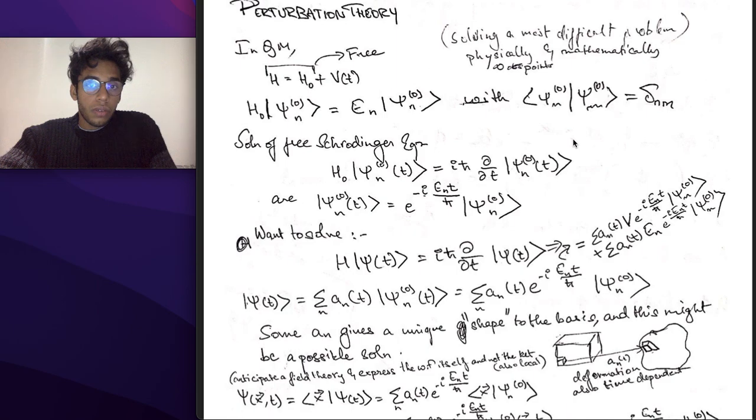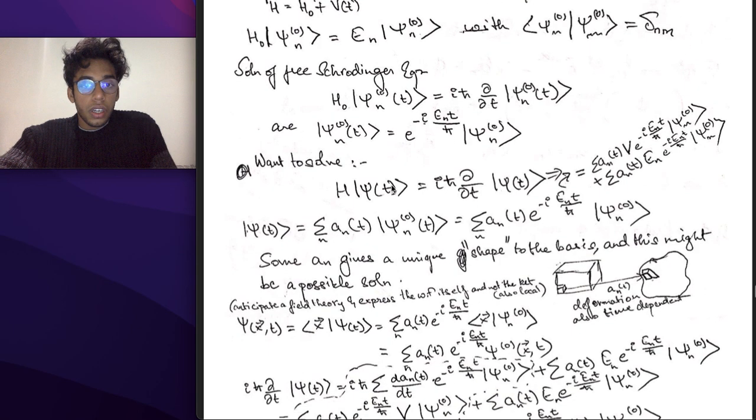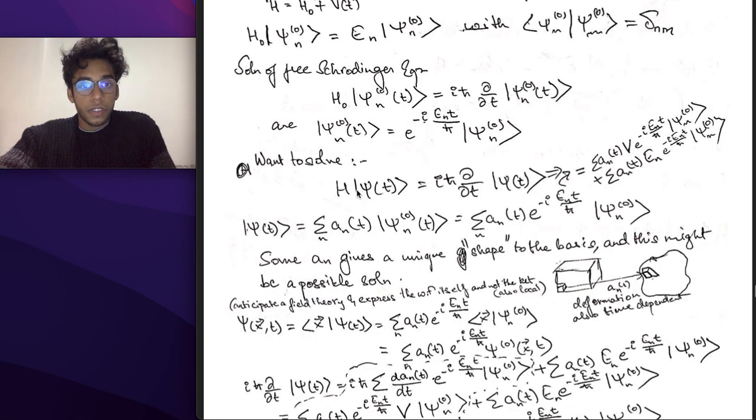So then once you solve the Schrodinger equation, you get the plane wave solutions with the energies, for the free particle, right? Now what you want to do is solve this for just any random Hamiltonian, some arbitrary Hamiltonian that we don't have an idea of yet.